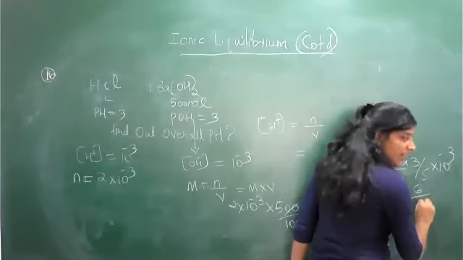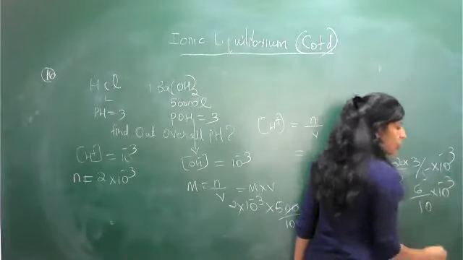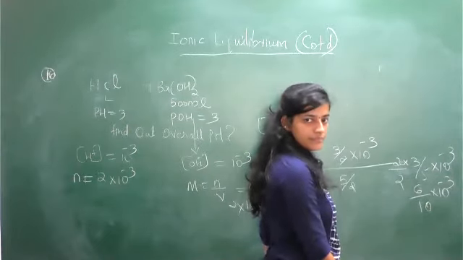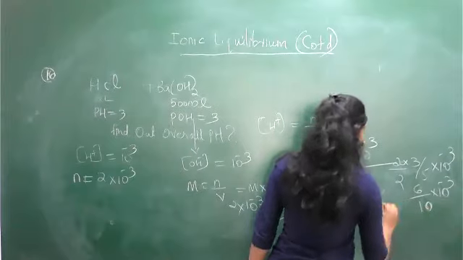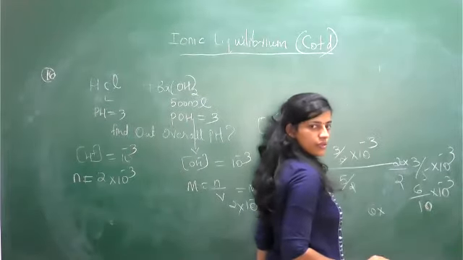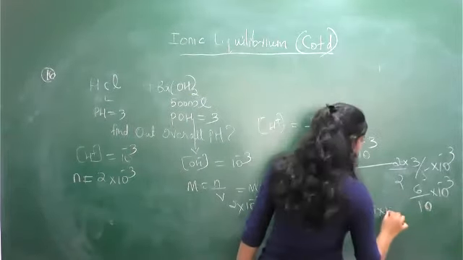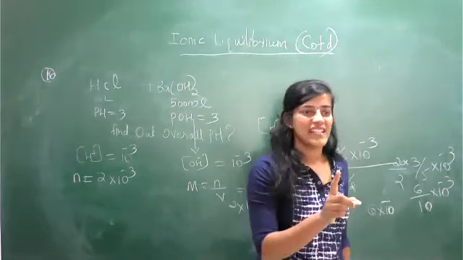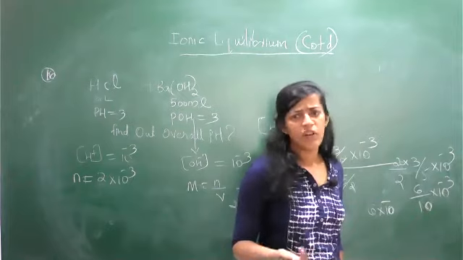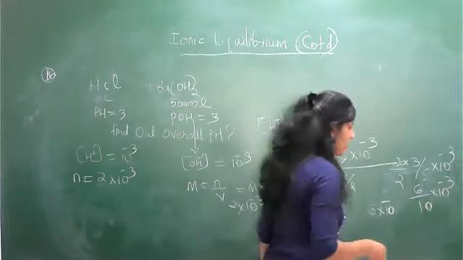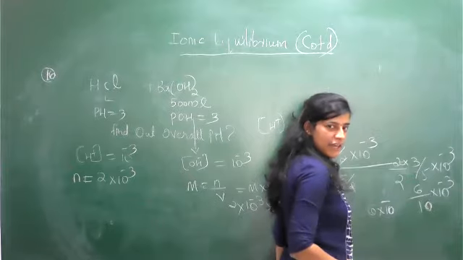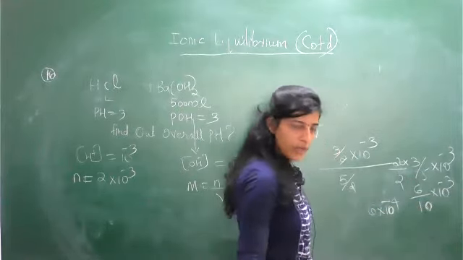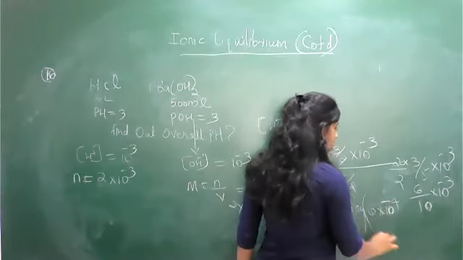If you know the results of log 3, log 2, then okay. Otherwise, you can do it like this: multiply and divide by 2, then you get 6 by 10 to the power minus 4, and then apply the logarithmic form.